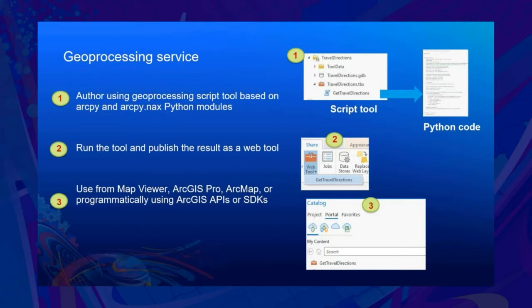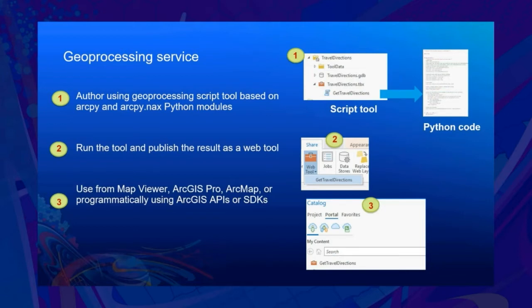In previous slides, we looked at a three-step workflow to create GIS services: author, publish, and use. In the illustration on this slide, you can see in order to publish a geoprocessing service, you need to have a geoprocessing script tool that performs your desired analysis by executing Python code based on ArcPy and ArcPy.nax modules. Once you have your GIS resource, in this case, a geoprocessing script tool, you run it in ArcGIS Pro and publish the tool result as a web tool.